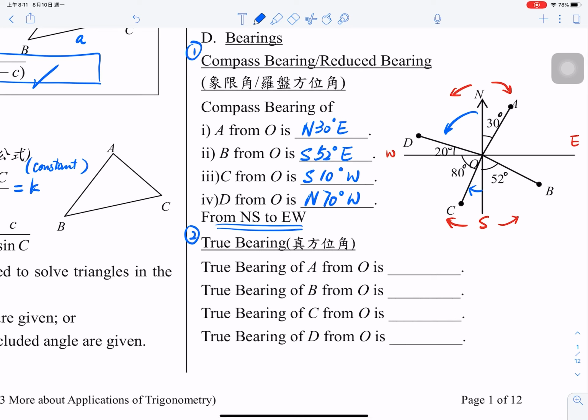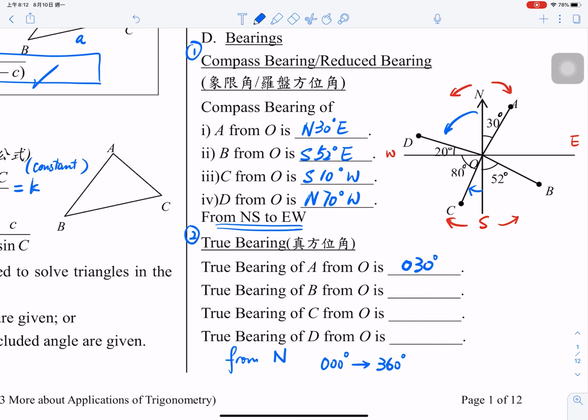How about true bearing? For true bearing, all angles are from north. Start from north, then you measure the angles. That means from 0 degrees to 360 degrees. Okay? So the true bearing of A from O is very easy, 30 degrees. However, remember to write the true bearing as 3 digits, so 030 degrees.